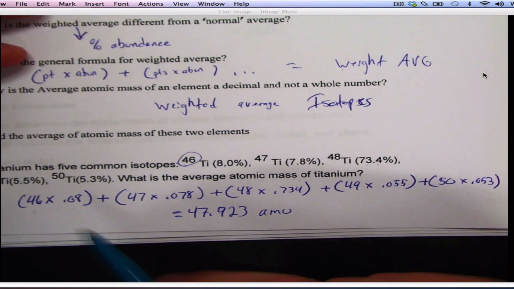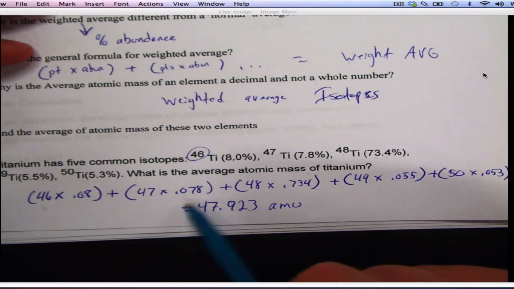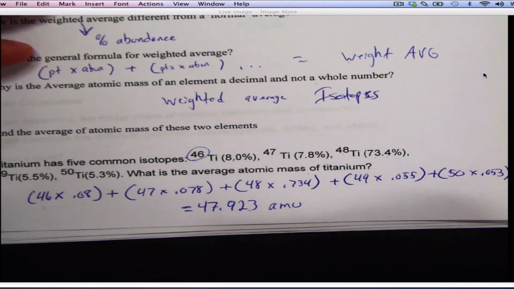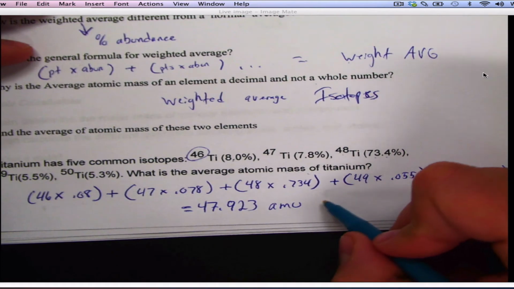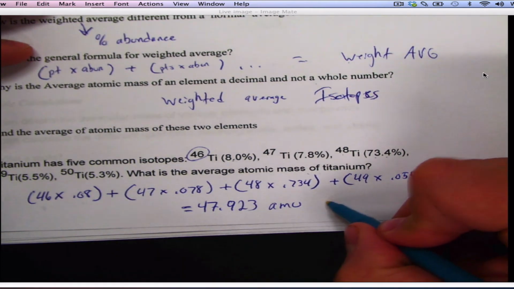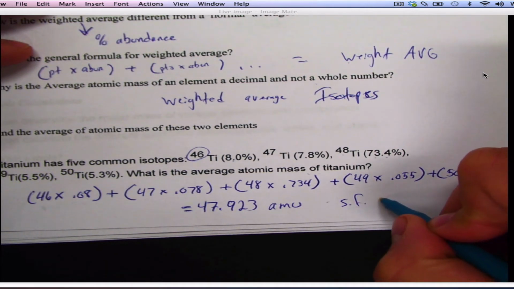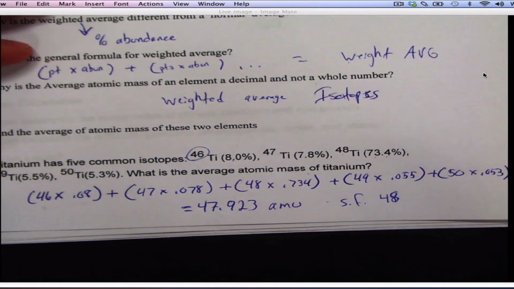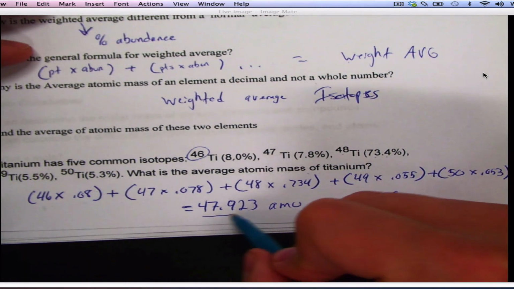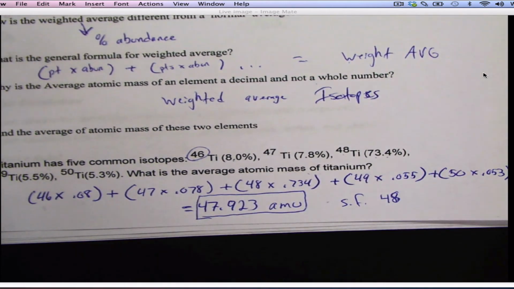So for a sig fig answer, you'd probably say it'd be 48, but we're going to keep this in our decimal form because it's better, because we want to find the average of this, because there are no real measurements. It was just calculations.